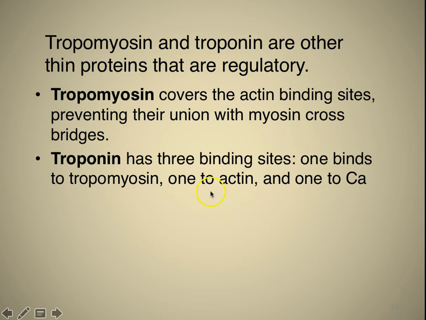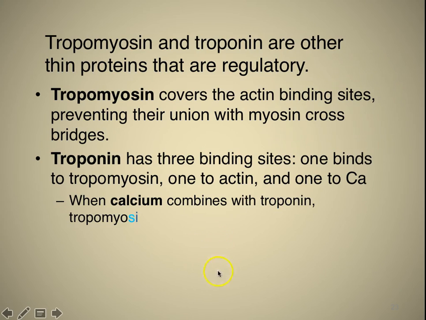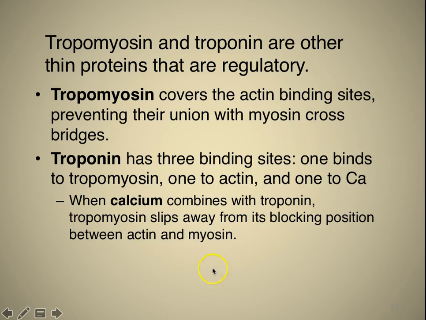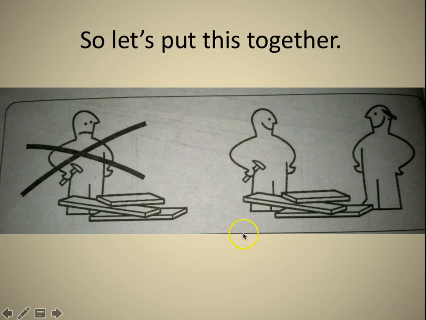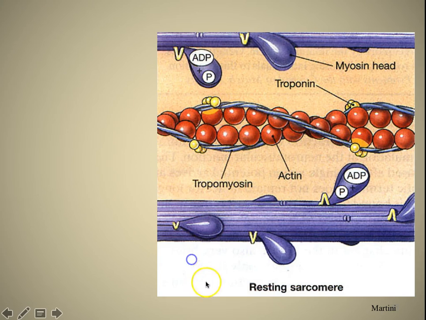So what we're going to see in a second is, as soon as calcium comes in, it'll bind to troponin, it'll make it change its shape, it kind of rolls over, and it pulls the tropomyosin with it. There it is. So let's put all of this together.